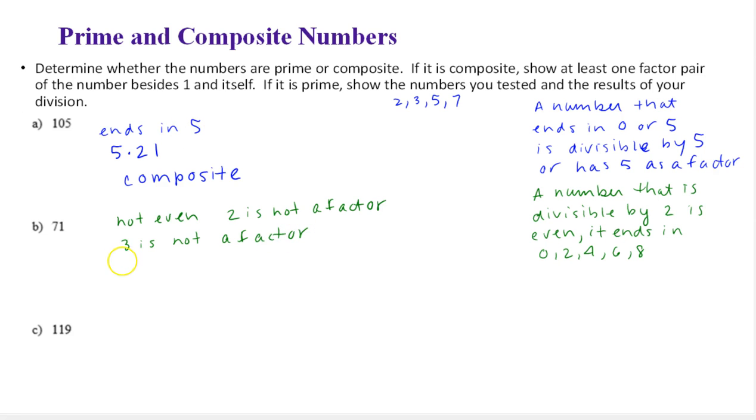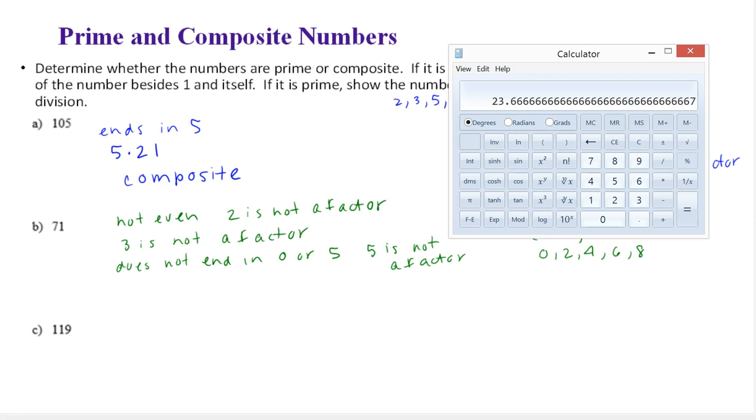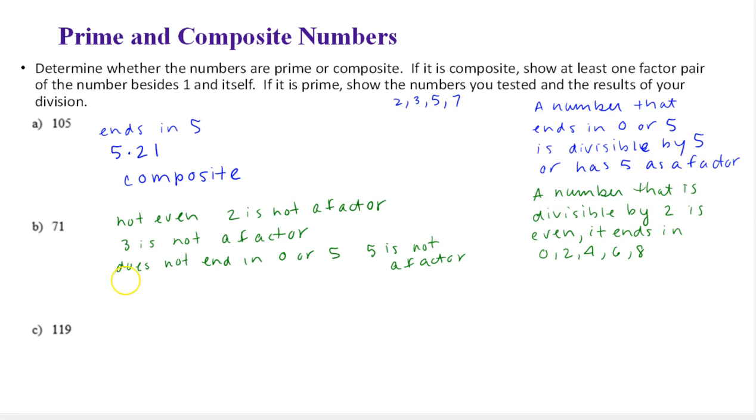For 5, it does not end in 0 or 5, so 5 is not a factor. Okay. So notice we checked 2 of them very easily. 3 we divided, and for 7 we're going to divide. So if I divide 71 by 7, there's a remainder, so now 7 is not a factor of 71.